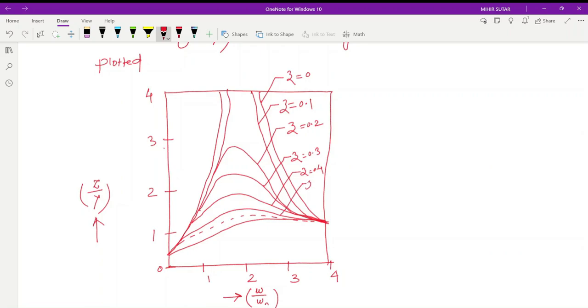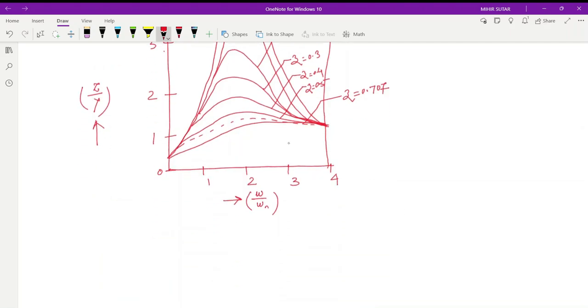This one for zeta equal to 0.5. This dotted curve is for zeta value of 0.707. And the last one is for zeta equal to 1.